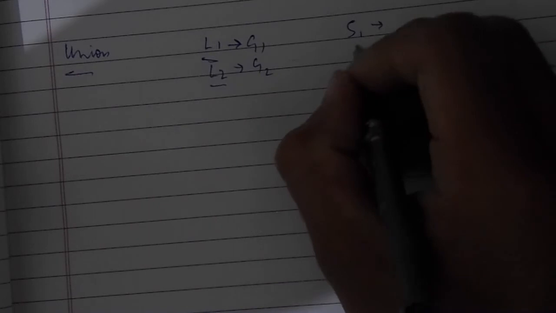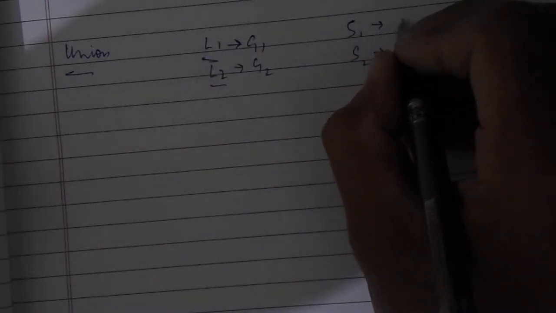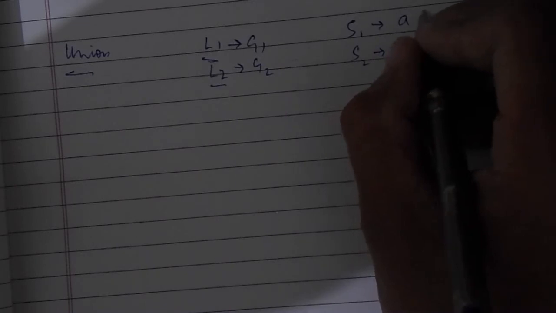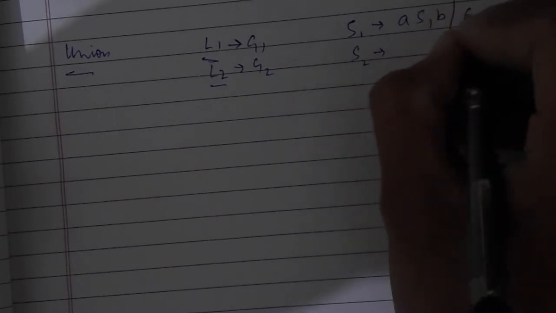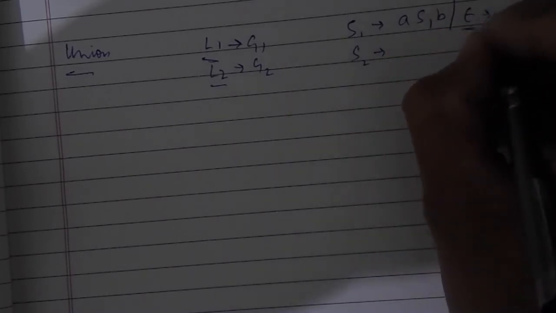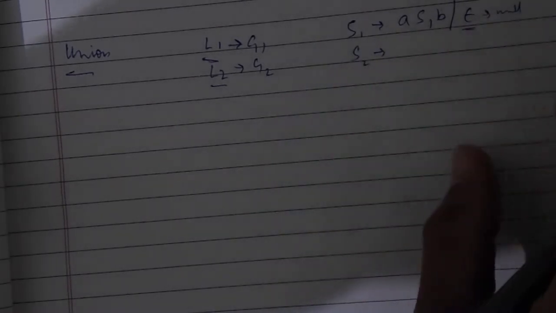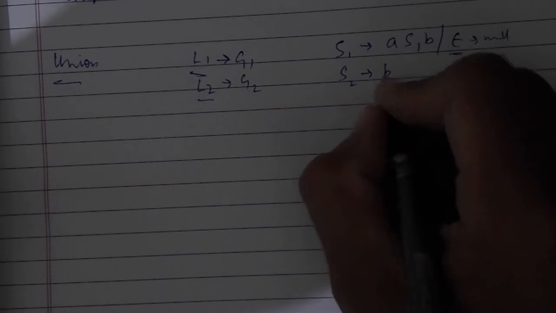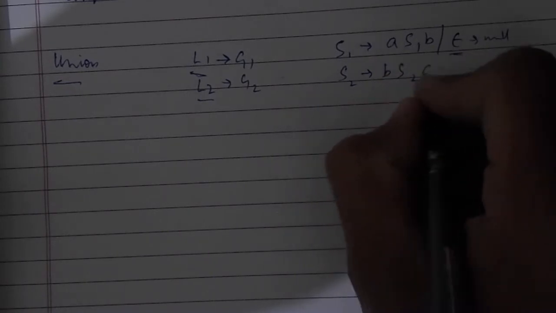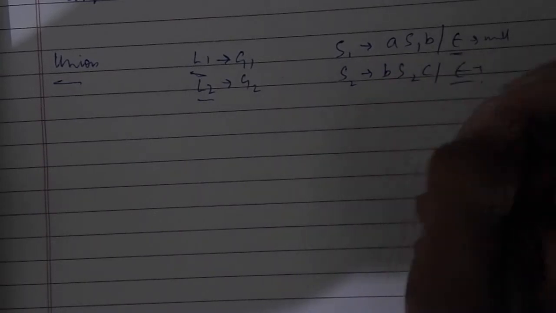For G1 I have S1 and for G2 I have S2. For S1, let's take a^n b^n or epsilon, which is basically null. And for S2, I have b^n c^n or epsilon.